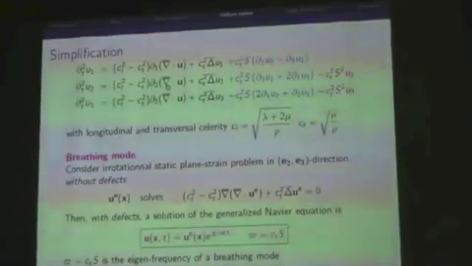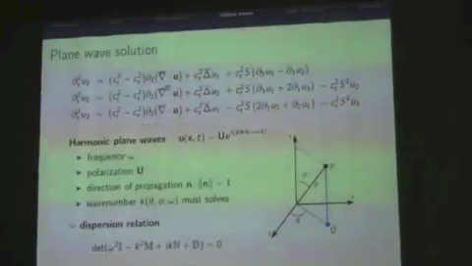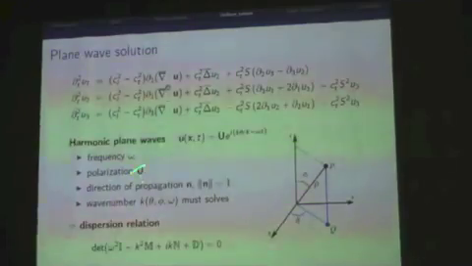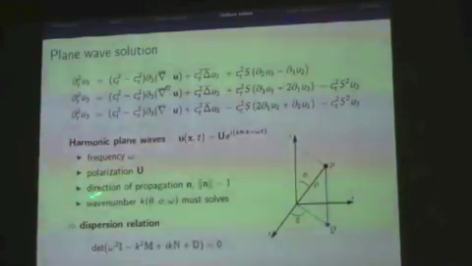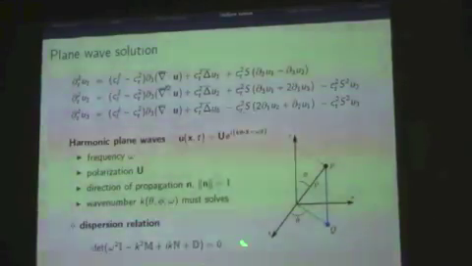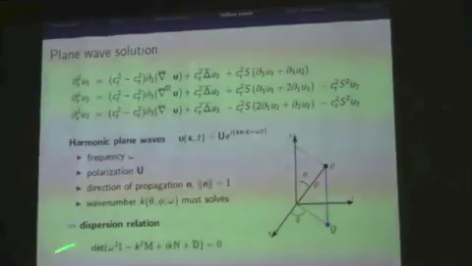If I understand all the other terms, I can in fact impose a harmonic plane wave solution with a frequency omega and polarization u. And in this case, if I want to impose a direction of polarization, I have to find a wave number k which must solve a dispersion relation, which is written in a matrix form like that.